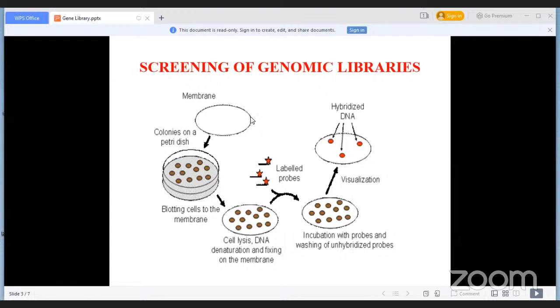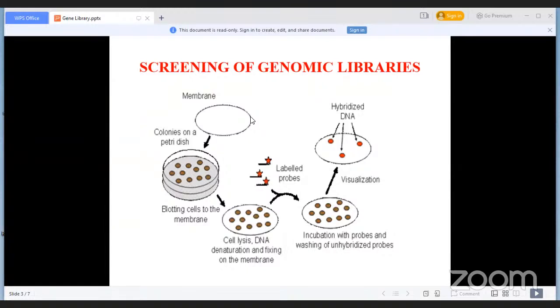Because if you take non-functional genome, what do we do? The genomic library from a eukaryotic organism will not work if the screening method requires the expression of the gene. So these are the disadvantages.